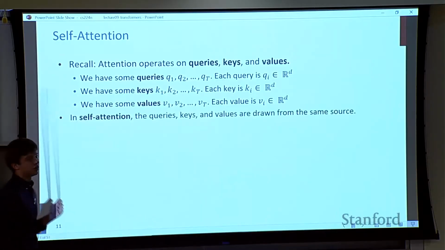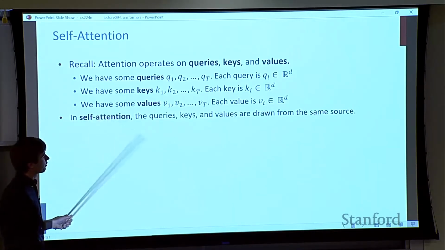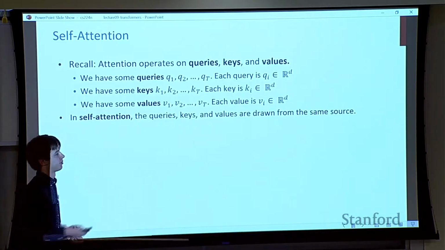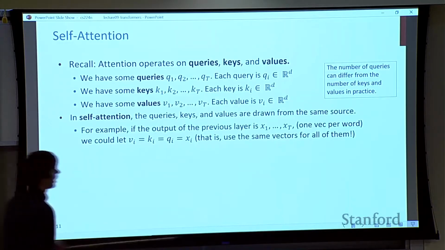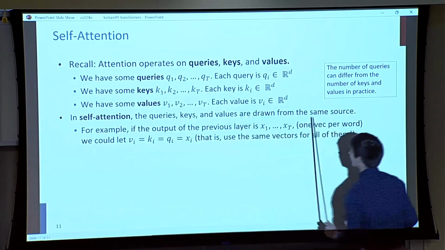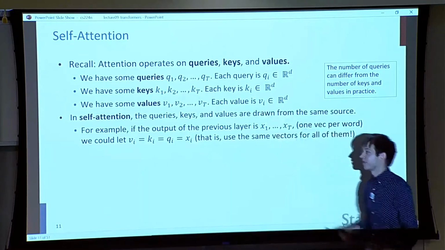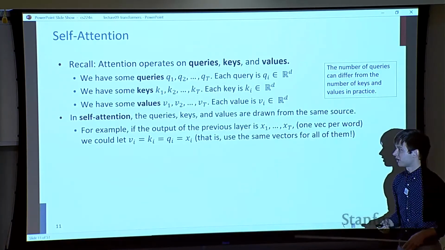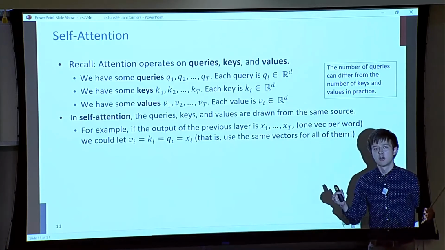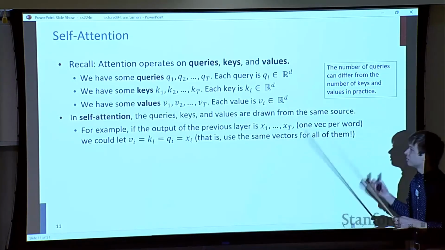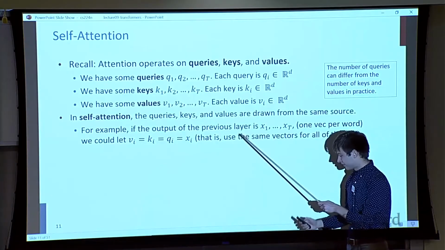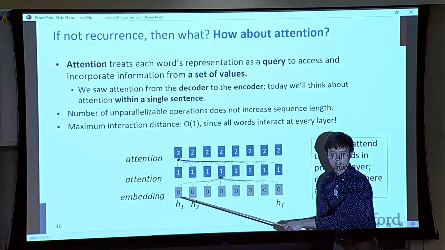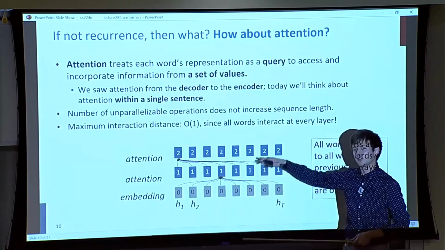So in self-attention, the keys, queries, and values come from the same source of information, the same sentence, for example. And so in practice, when they all come from the same sentence, there's going to be the same number of all of them. It's all going to be T. In practice, you can have the numbers differ. So where do these come from? We'll get into the specifics later, but for now, think about the output of the previous layer. Imagine you have the embedding layer, and that's the input to something that's going to do self-attention.